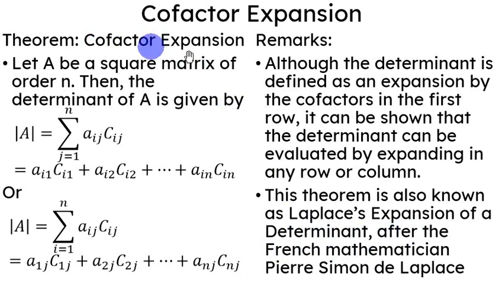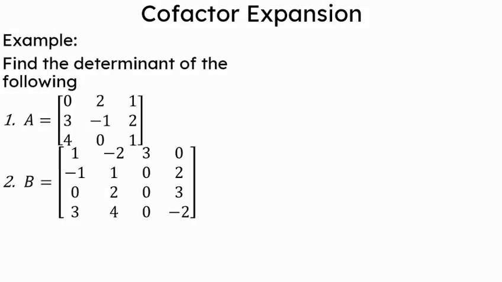So cofactor expansion can be done in any row and in any column. That gives us the freedom to choose any row or any column of choice.